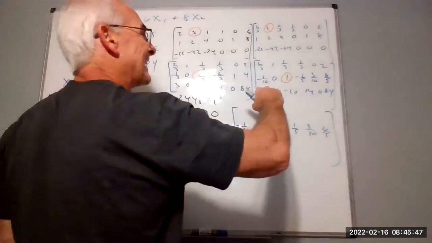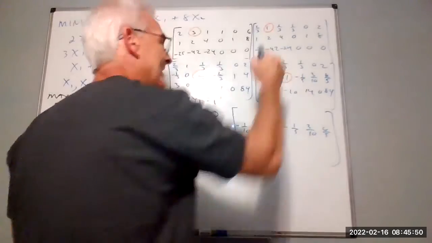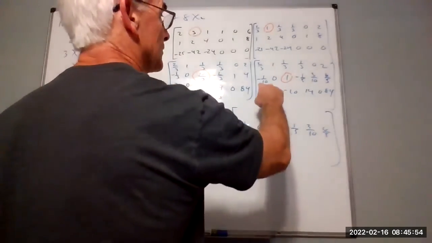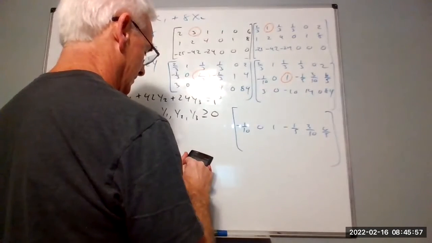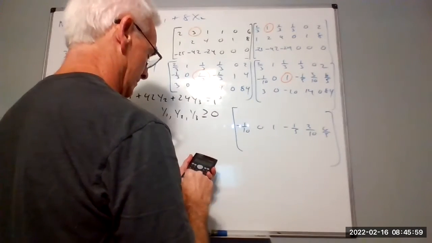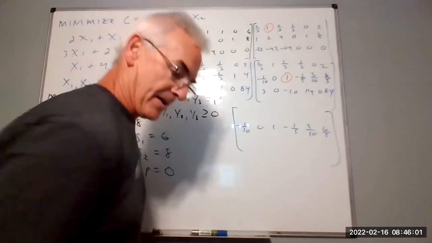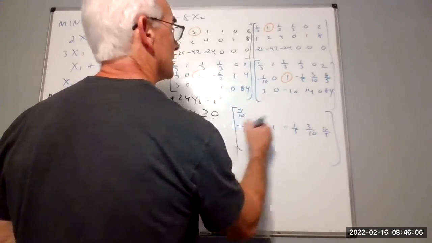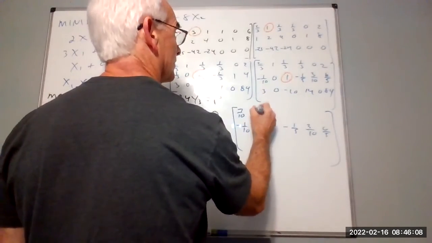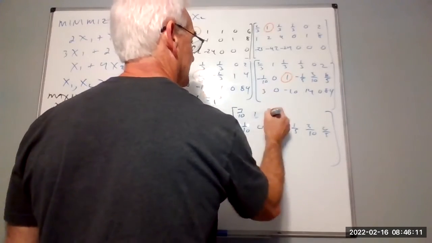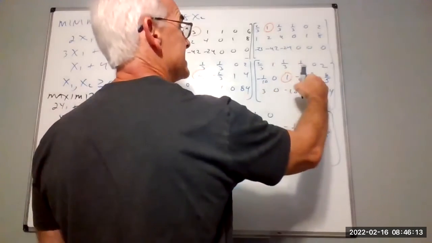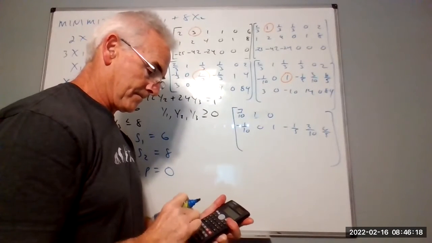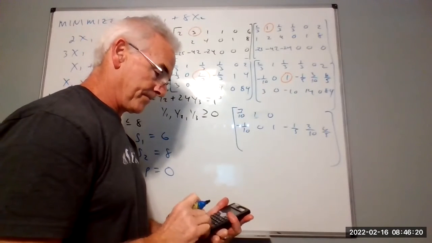All right, I want to go -1/3 row 2, and I want to add it to row 1. So let me get my calculator. -1/3 of these, and that gives me 7/10, 0, excuse me, 1, 0. -1/3, that would be 1/15 plus 1/3.